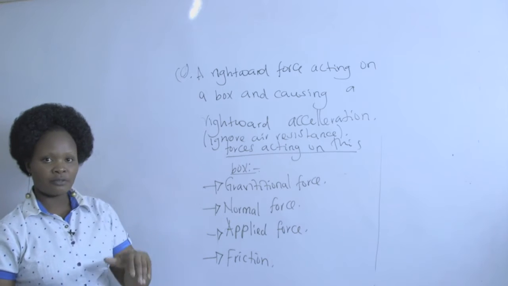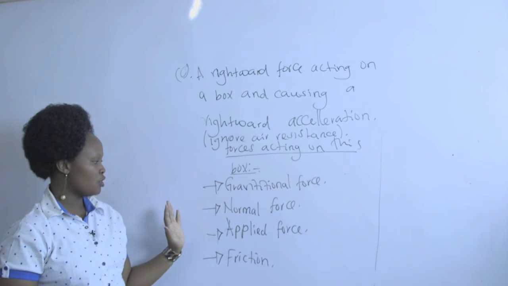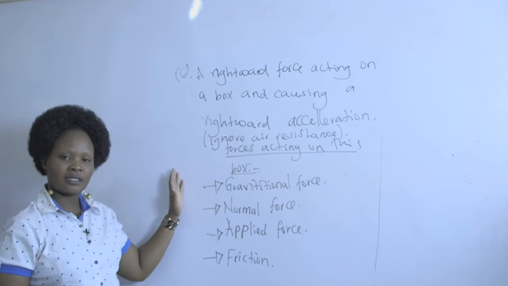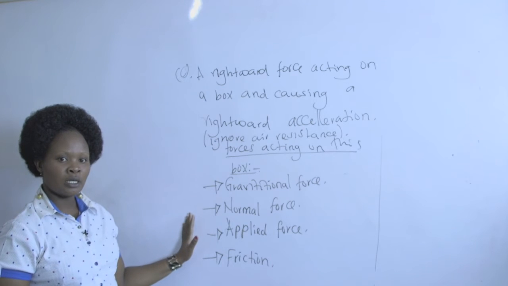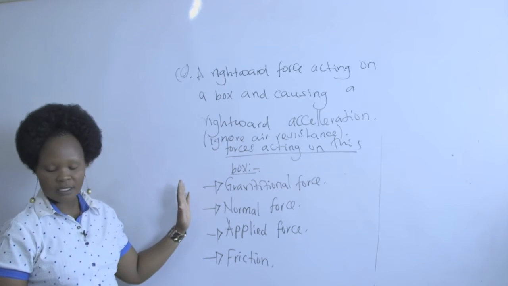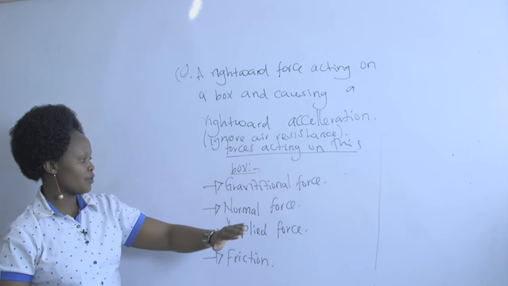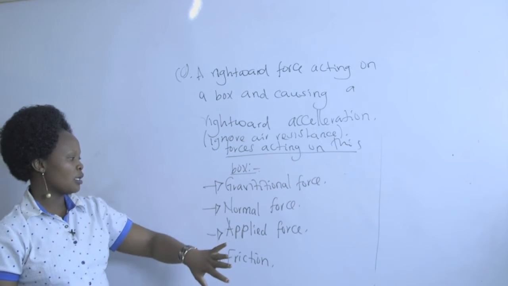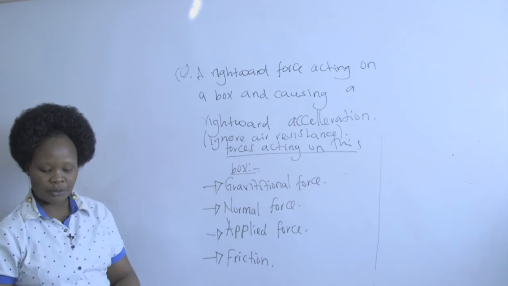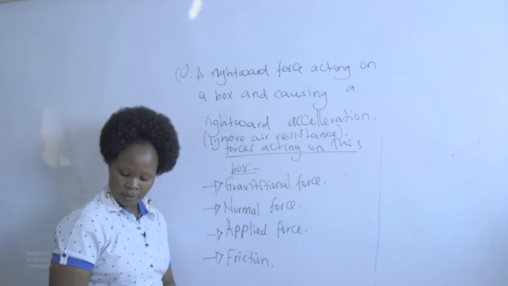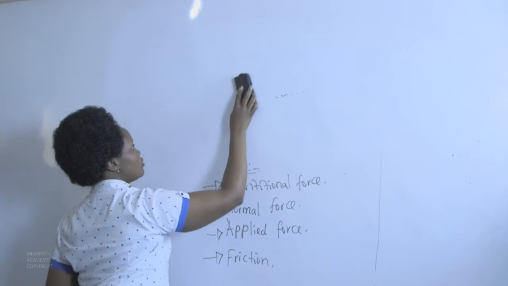Therefore, the first question that we should ask ourselves is which forces are acting on this box, and we enumerate them as gravitational force, the normal, the applied force, and friction. Now, let us draw our diagram.